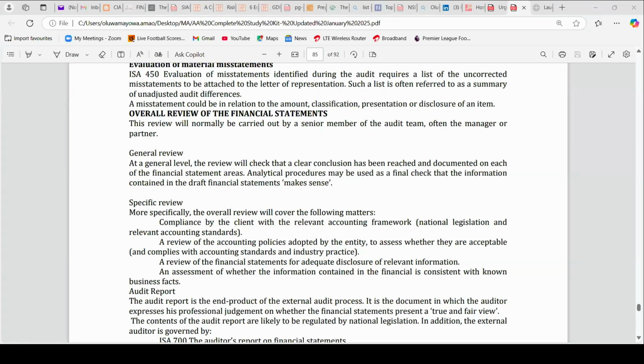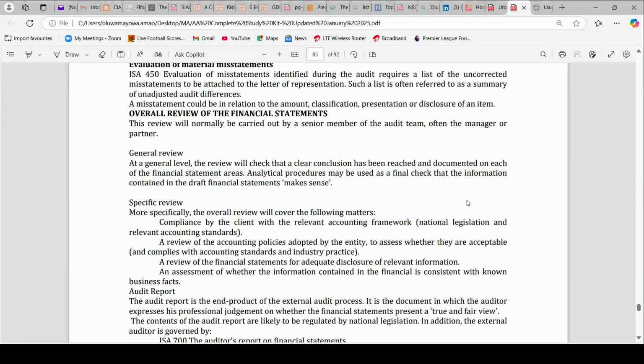Now, the third thing the standard is saying when it comes to evaluation of misstatements based on ISA 450 is that all these misstatements that the auditors have identified, and whose total they have looked at, should be communicated to an appropriate level of management with a request that they be corrected. So it is one thing to accumulate and list all misstatements, another thing to look at the total to see whether it's material.